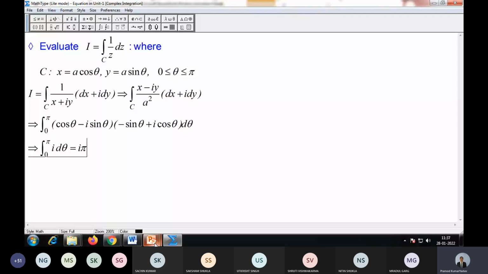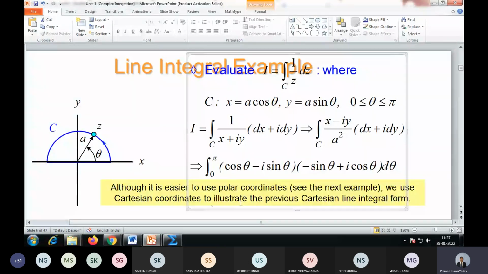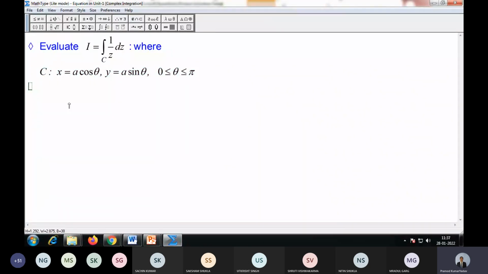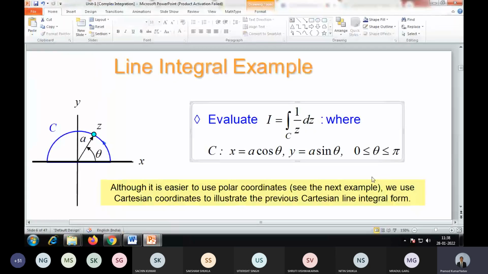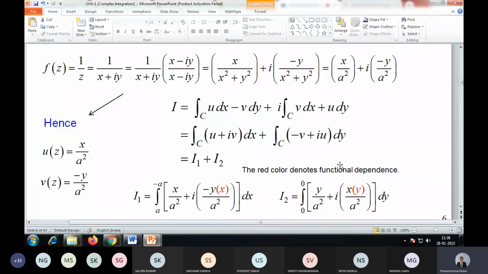You may check your answer, please. We have calculated it in some different ways, by using the Cartesian coordinate system, and we got the same value, I pi. You may check this.